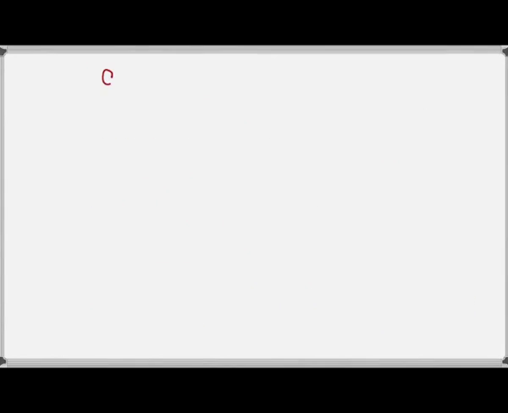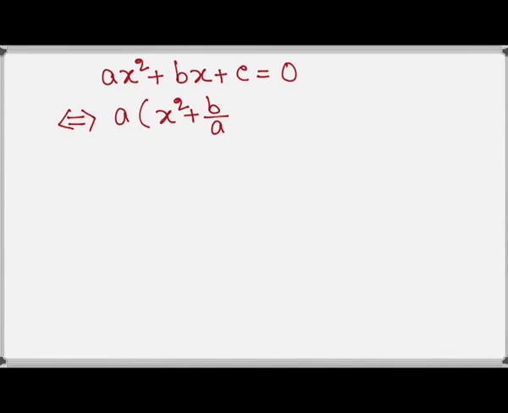So our equation is ax square plus bx plus c is equal to 0. If we take a out, we get a into x square plus b by a into x plus c by a is equal to 0. We can divide by a because a is non-zero.